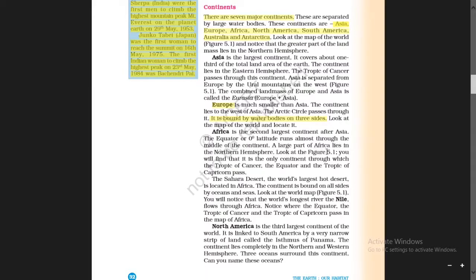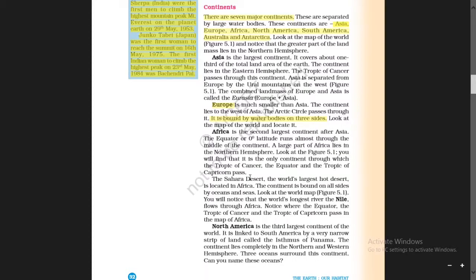Look at figure 5.1. You will find that it is the only continent through which the Tropic of Cancer, the equator, and the Tropic of Capricorn pass.